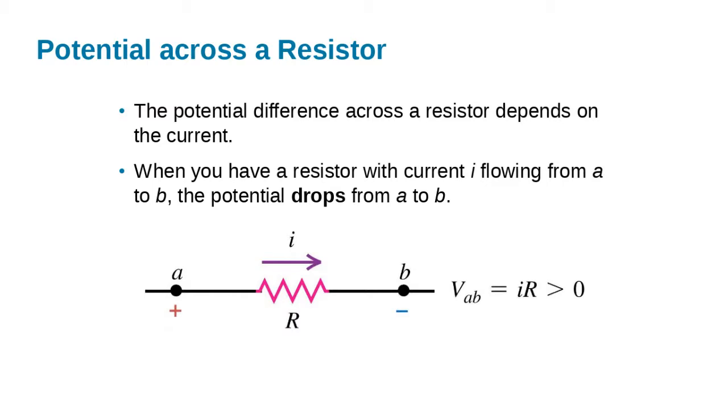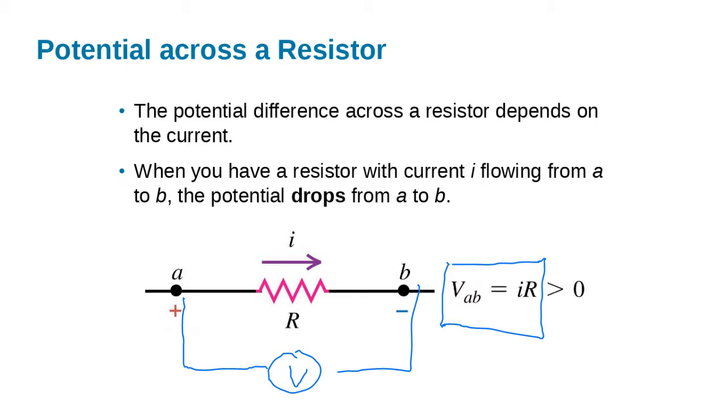So we've looked before at resistors and the potential we would measure over a resistor. If we did the same thing, took a voltmeter and measured the voltage over a resistor, then the voltage we would measure would be the current going through the resistor times the value of the resistance.